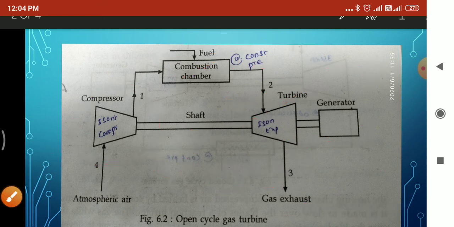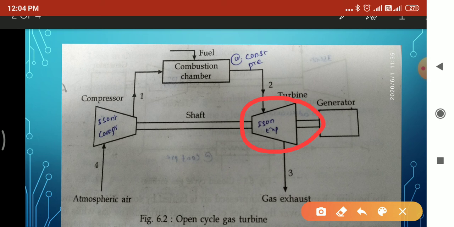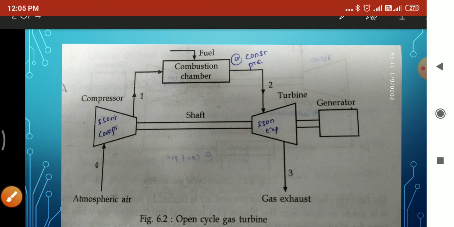After expansion of gas on this turbine blade, the gas is exhausted to the atmosphere, and in this turbine the pressure drop and temperature drop take place. After this, fresh air enters this compressor again and the cycle is repeated.